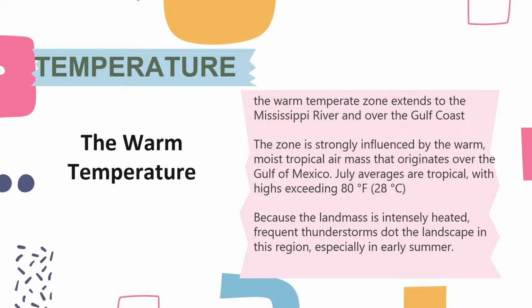In July, averages are tropical, with highs exceeding 80 Fahrenheit or 28 Celsius. Because the landmass is intensely heated, frequent thunderstorms dot the landscape in this region, especially in early summer. Hurricanes are a notable hazard along the Gulf of Mexico and up the lower Mississippi Valley.